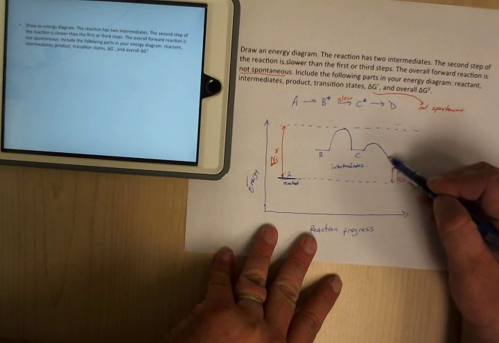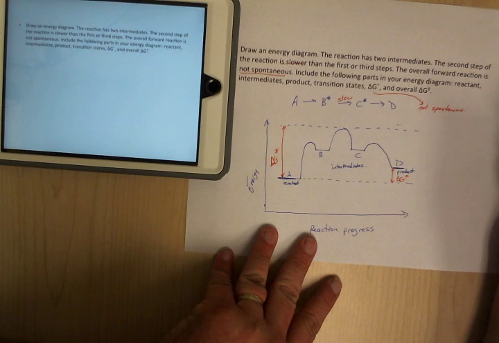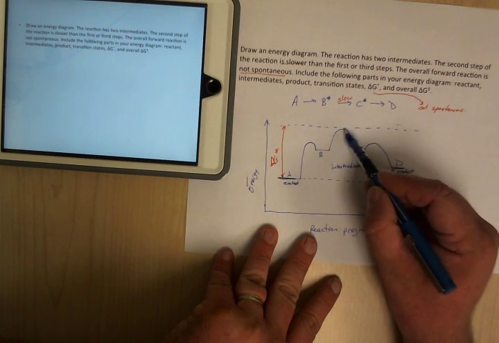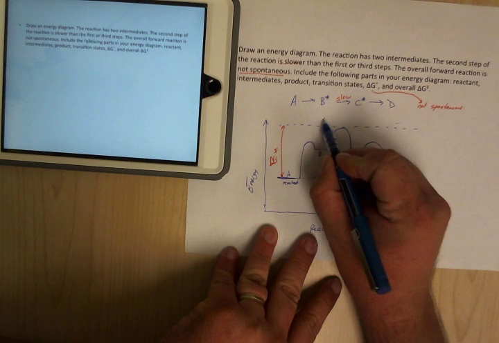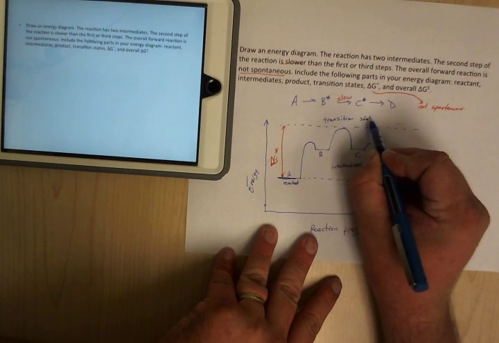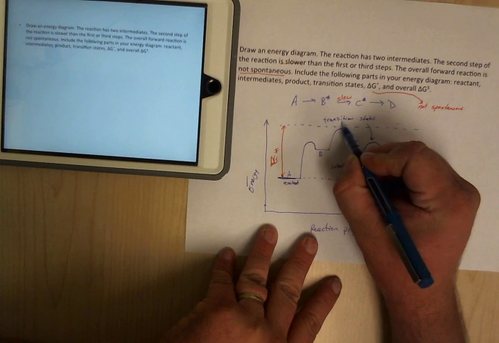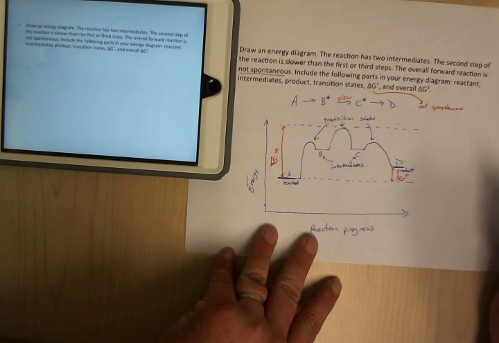Everything else doesn't touch it. So this one is the slow step, touching that upper line. These are transition states, here, here, and here. These are the intermediates.